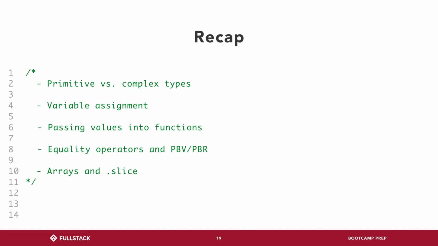We covered passing values into functions and what it means to do logic on whatever we passed into the function in terms of how we affect other variables that are either complex and pointing to the same place or primitive and just copies. We covered equality operators, pass by value, pass by reference, and we covered arrays and slice.